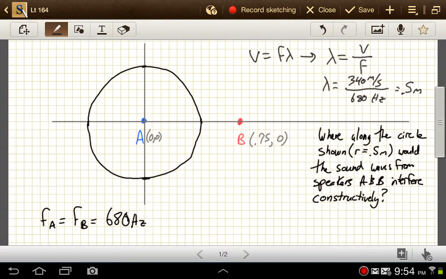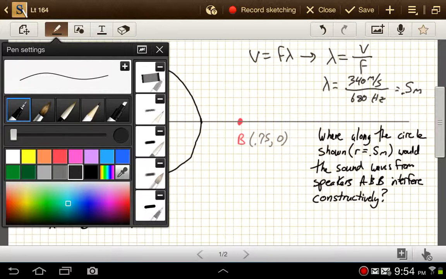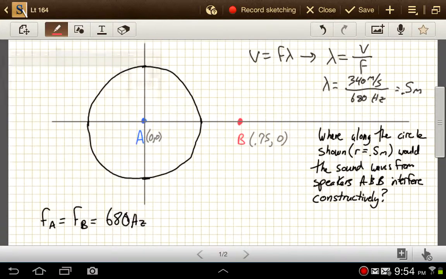Okay, so the first situation we could have here that would give us constructive interference would be if we had some point that was equidistant from point A and from point B. So let's see if we have any points like that. Red here.